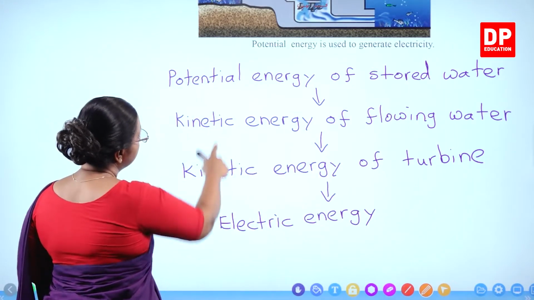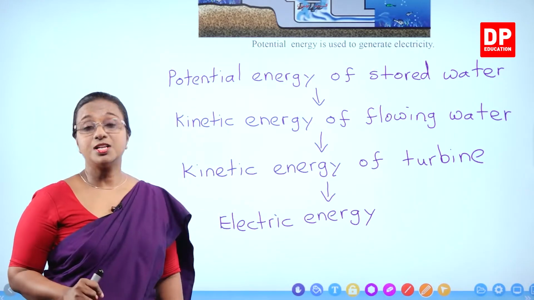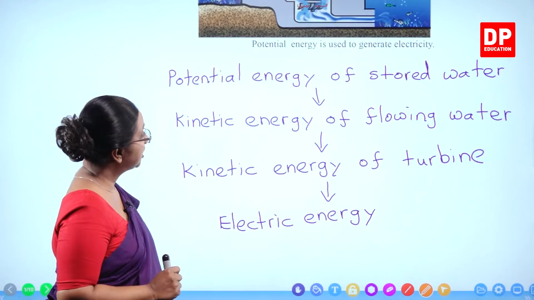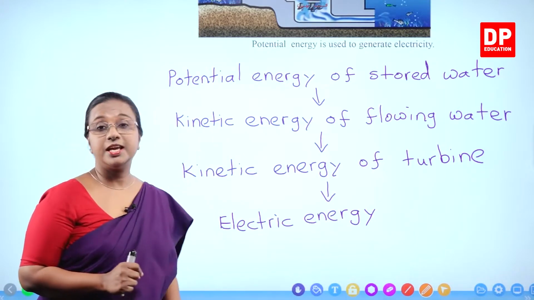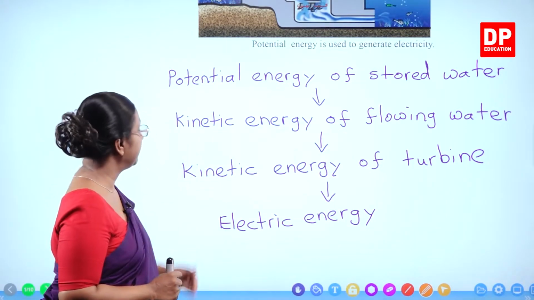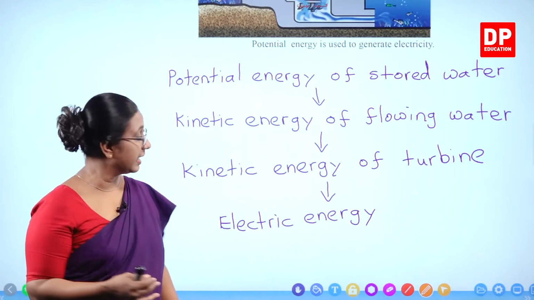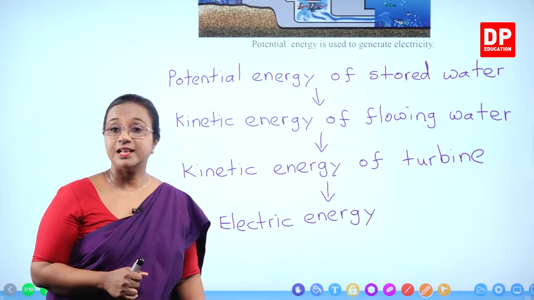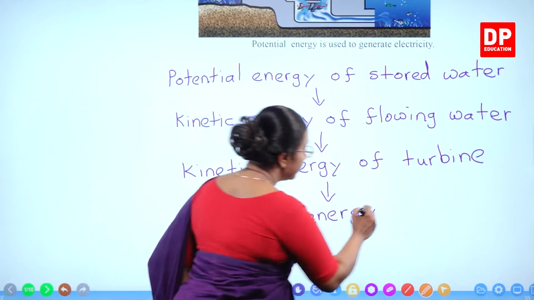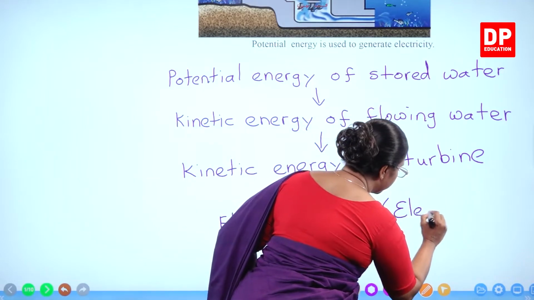So there are these energy transformations. Potential energy of stored water becomes kinetic energy of flowing water. Then it becomes the kinetic energy of the turbine. And from there, electric energy is produced. That is, electricity is produced.